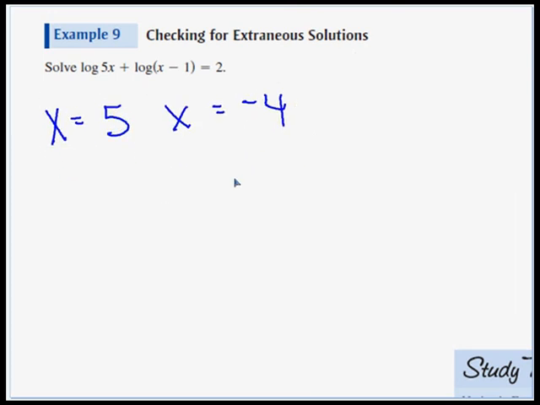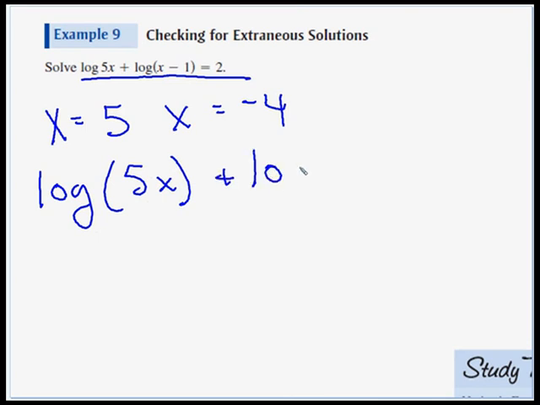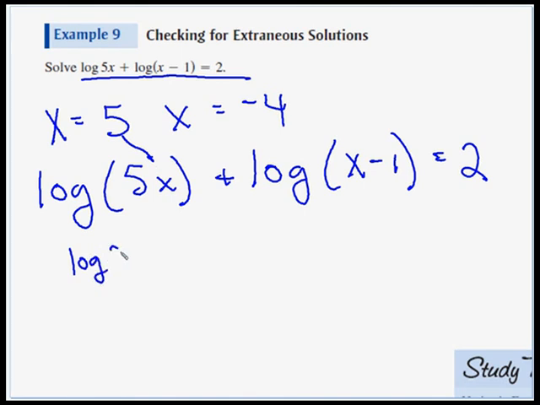So the original equation is right here, and that is the log of 5x plus the log of x minus 1 is equal to 2. So if I plug in the 5, I would get the log of 25 plus the log of 5 minus 1, which is 4.